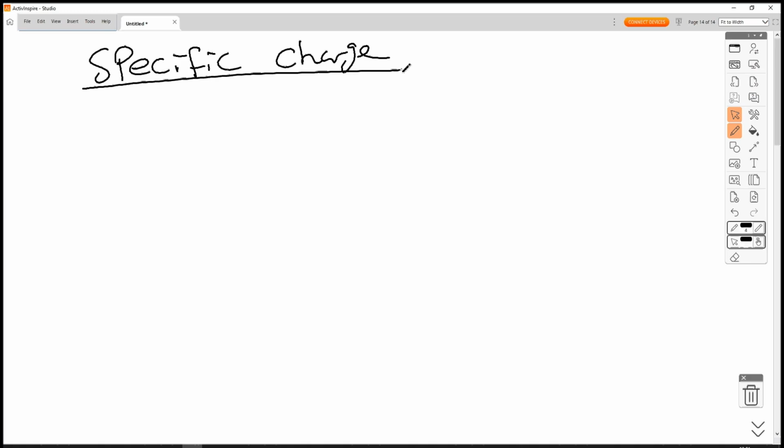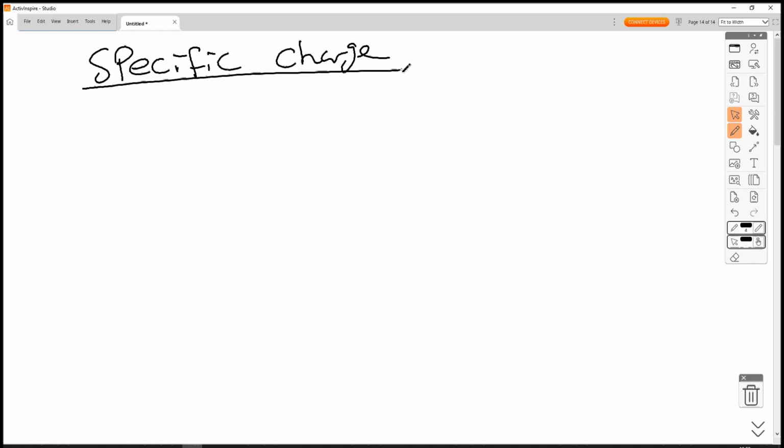When we have the word density in physics, it means per unit volume. So normally what we refer to as just density is actually the mass density of an object, where we take the mass and divide it by its volume. So we're looking at how concentrated within a volume that mass is.